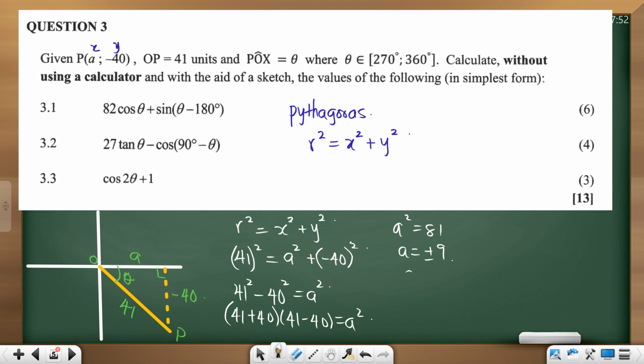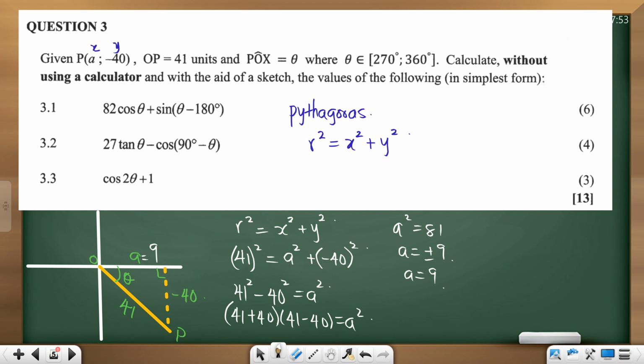But we are on the right side. So A is equal to 9. Already you have how many marks? 3 marks or so here. You're not supposed to get the remaining ones. Okay. Let's go get our marks.